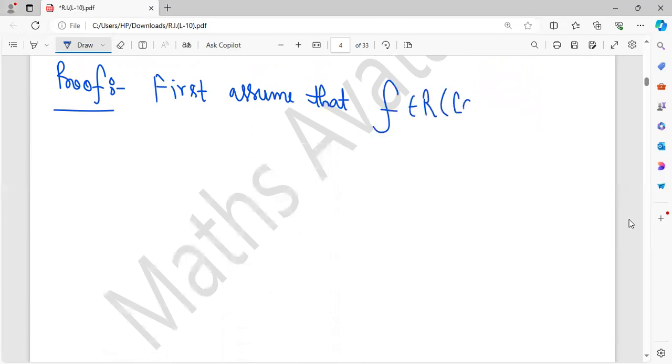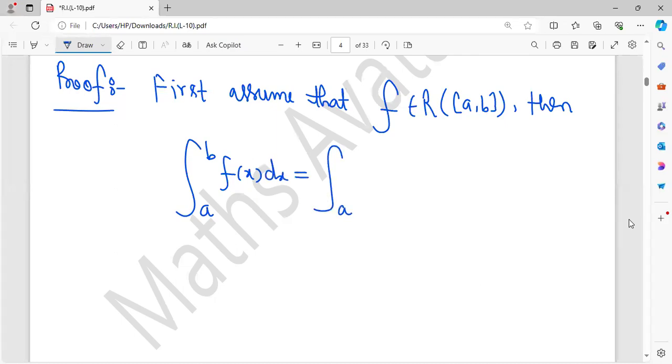Then the integral from a to b of f(x) dx is equal to the upper integral, which is equal to the lower integral.